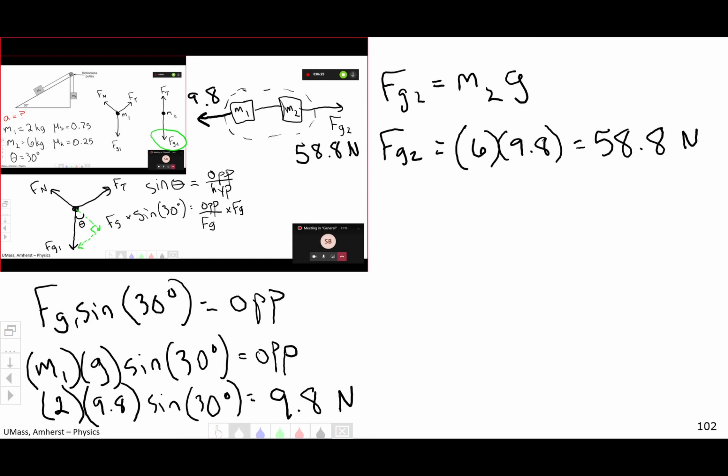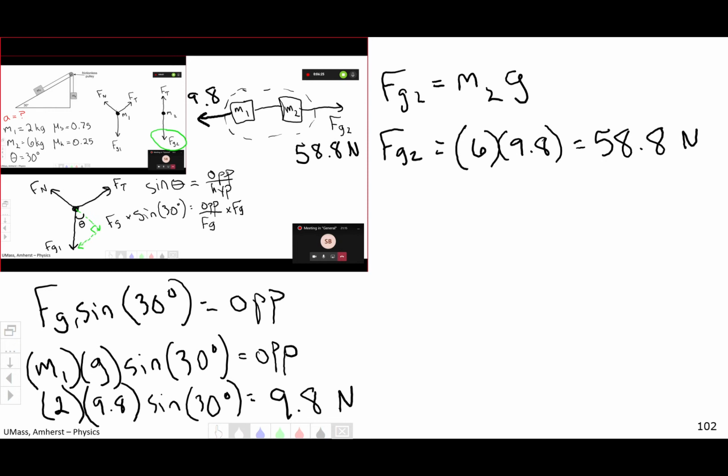So what can we determine from these numbers? Well, we see that in terms of the acceleration of the system, there's 58.8 newtons pulling to the right and 9.8 newtons pulling to the left, which means that the system is going to accelerate in the direction of M2.